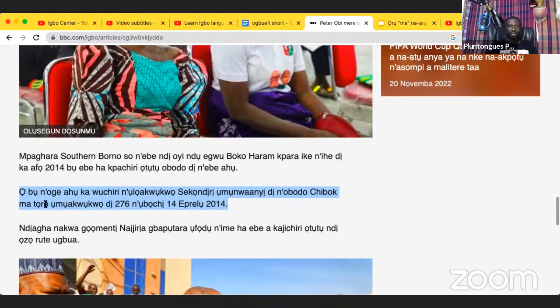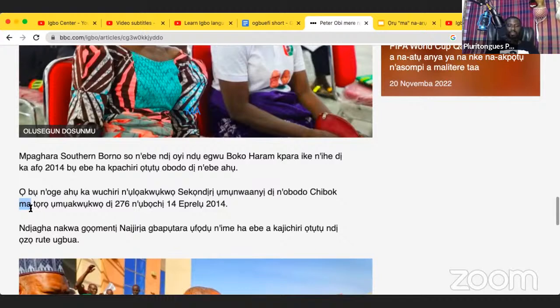That's line 1. So you see ma, I've highlighted ma. So here, what is the function of ma? What does ma mean in the first place?